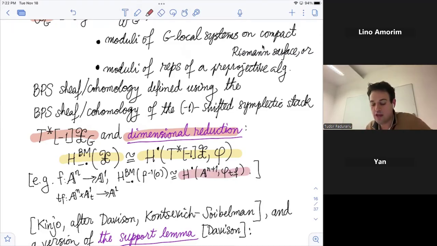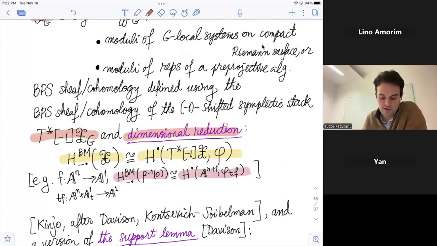So how do we do that? It's hard for a general potential, but in particular cases, it ends up being just some classical theory. So this is the form of dimensional reduction of Kontsevich introduced in the paper of Kontsevich and Soibelman.